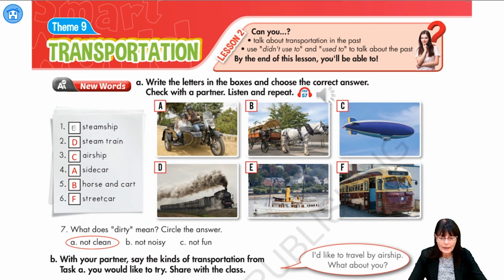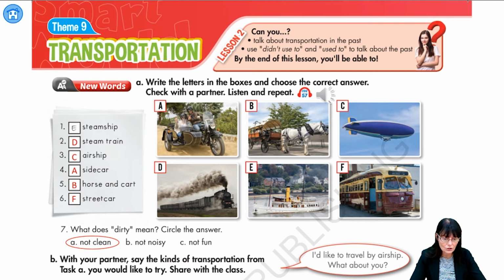Okay. The next part is just practicing with your partner or your friend, just saying the different kinds of transportation, and think about the forms of transportation that you would like to try. For me, I'd really like to try the steamship because I like water. But what about you?